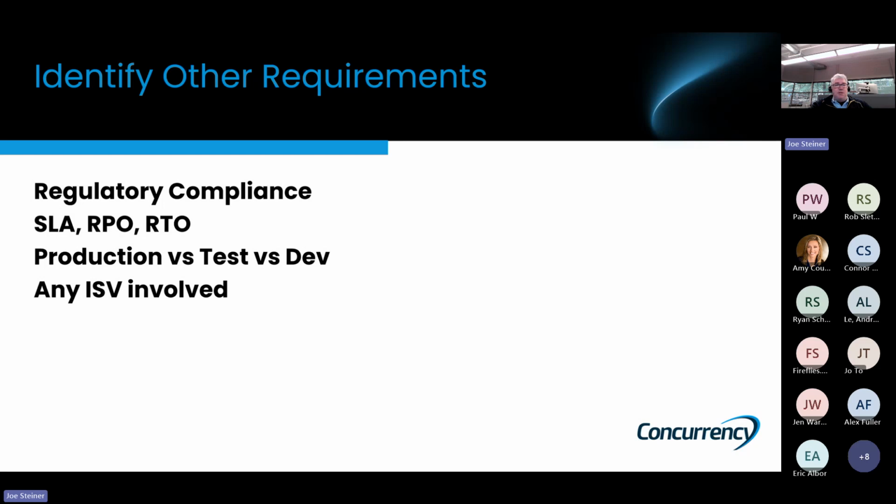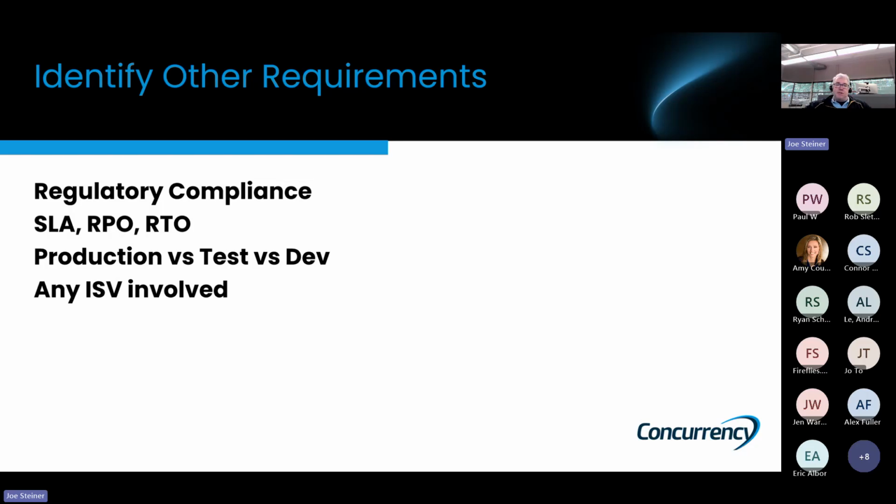Also understand, do you have production, test, dev? We've seen 2 levels, we've seen 3, we've seen 4, in terms of those production, test, dev environments, and understanding what the expectations within those are and how those are being used.